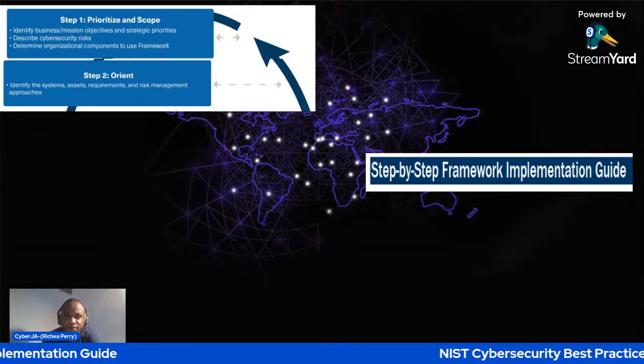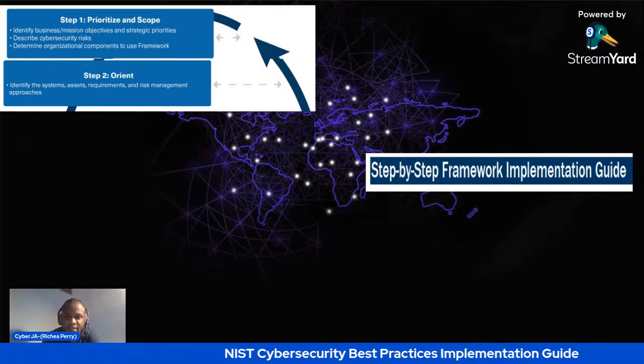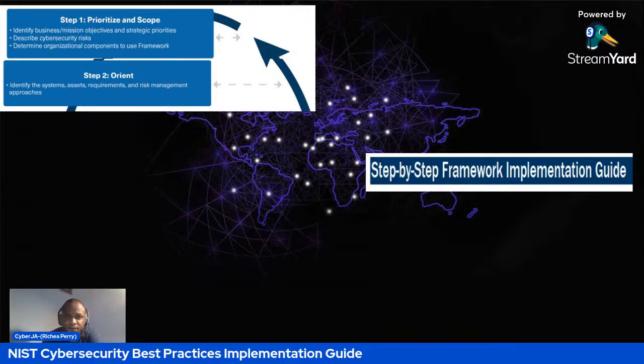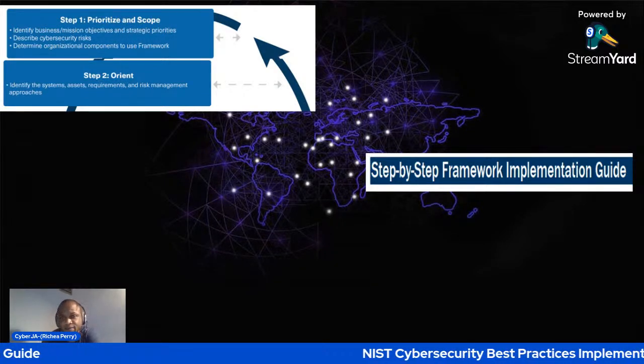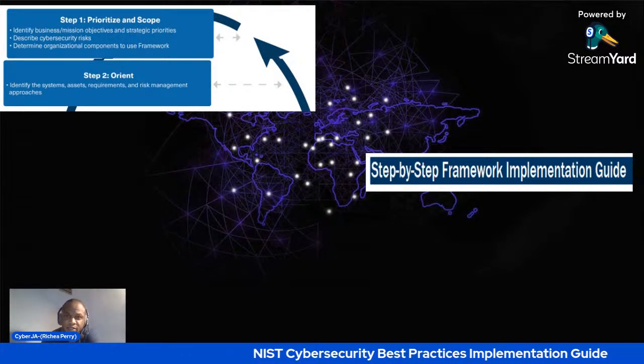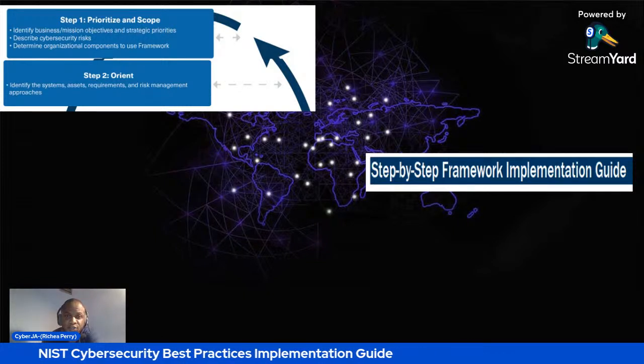Secondly, we have to orient. That's the second best practice approach. Now, at this stage, an organization identifies the systems, assets, requirements, and risk management approaches that will fall within the scope of the effort.